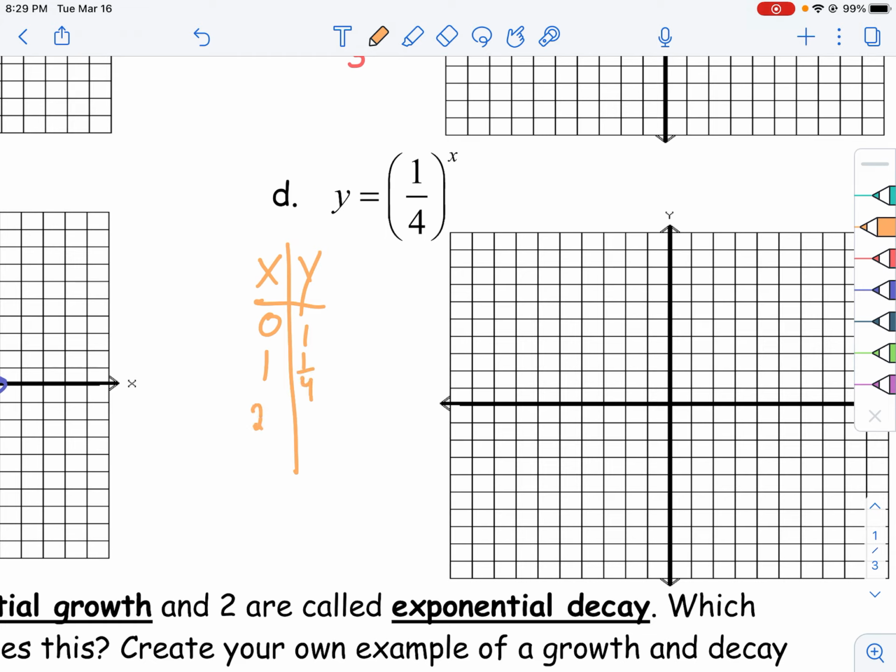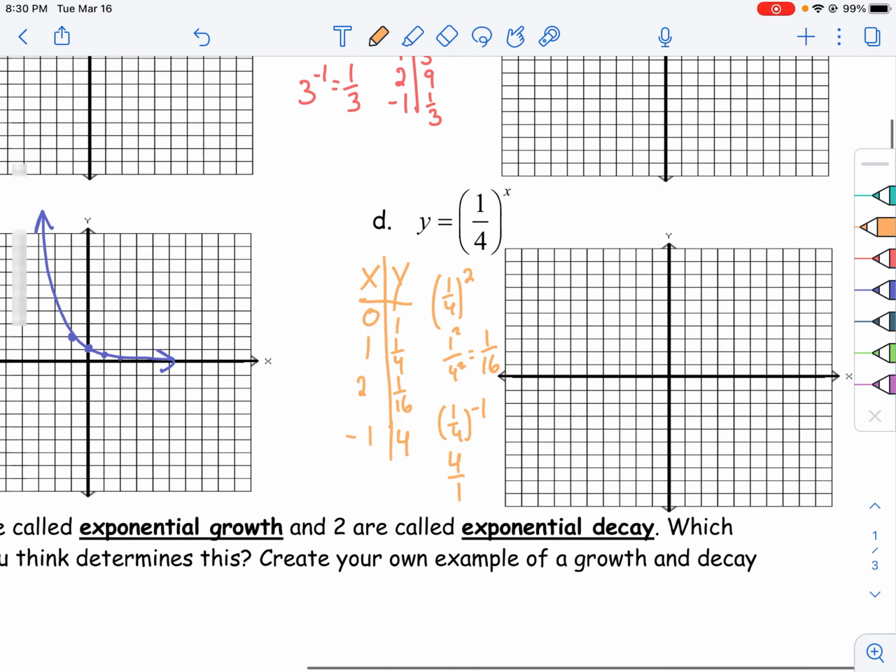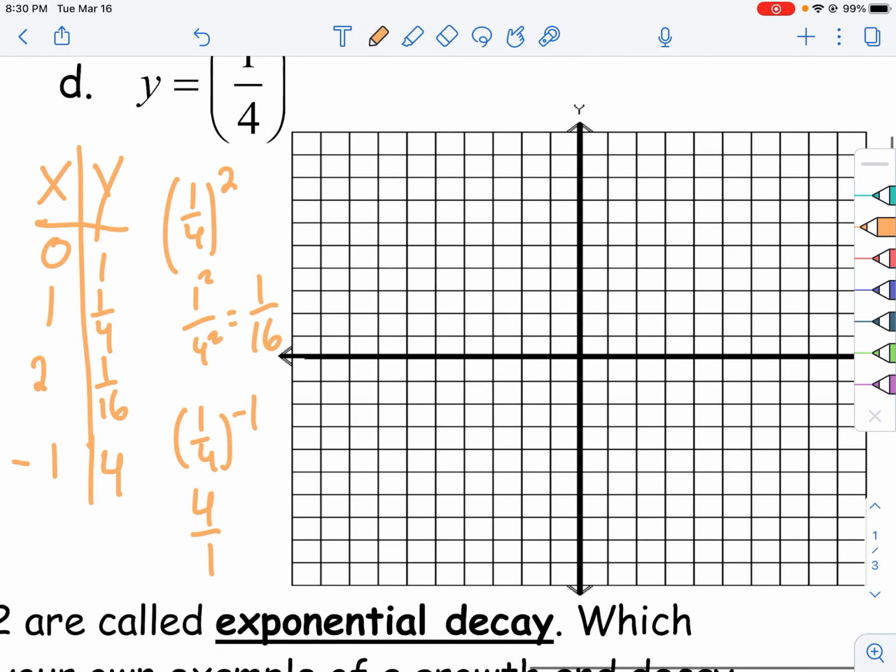We plug 2 in, it's going to square, right? So this is 1/4 squared, which is 1 squared over 4 squared, which is going to be 1/16. So really small. And then lastly, let's go negative 1. 1/4 to the negative 1 power flips it, so that's going to be 4 over 1, which is just 4. So then we have 0, 1.